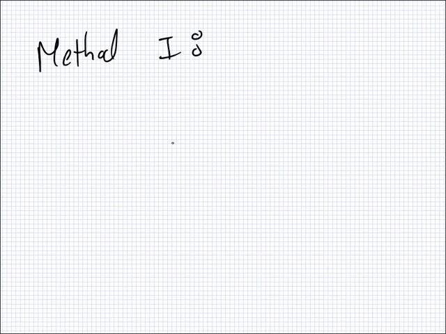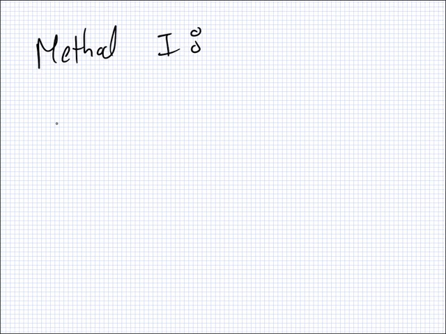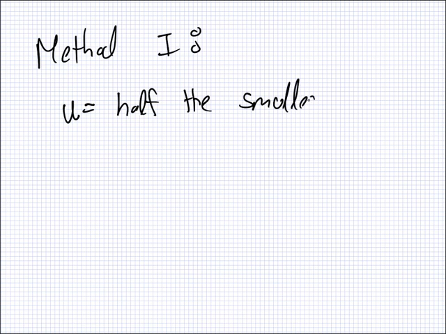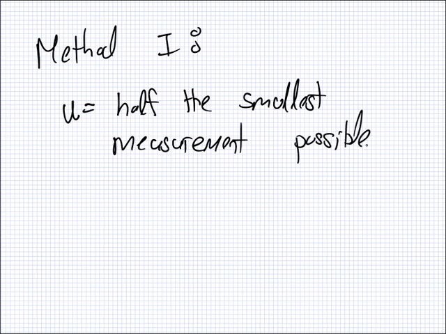Method 1 works when you have a little more information. What this method says is the uncertainty is half the smallest measurement possible.